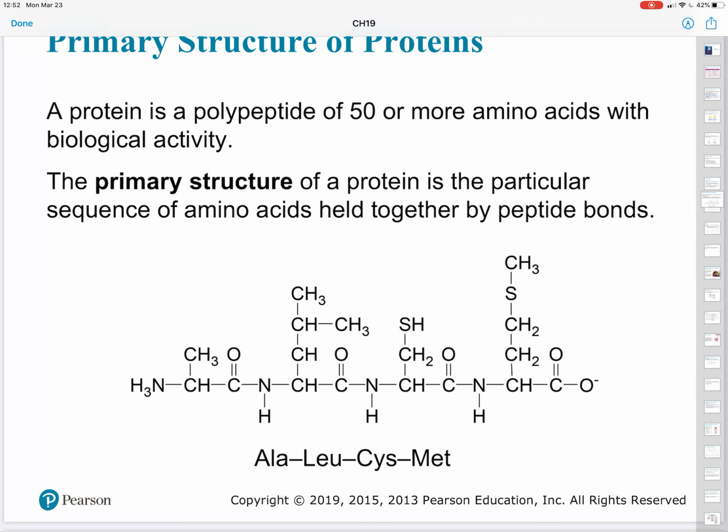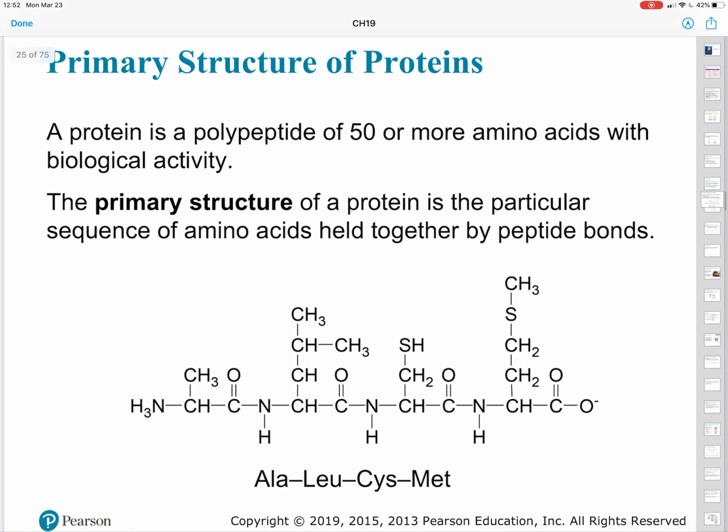Polypeptide is 50 or more amino acids with biological activity. And we define primary structure to just be the sequence of amino acids. So this is a really small amino acid protein here, or a small strand of peptide, I should say. This is a tetrapeptide.